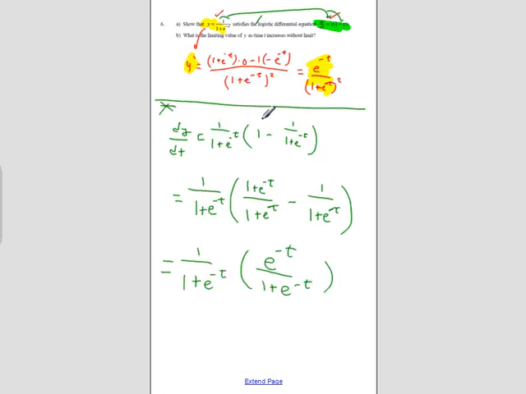And when we multiply, we get the exact same thing back as we had up here. And that confirms that this is a solution to this differential equation.